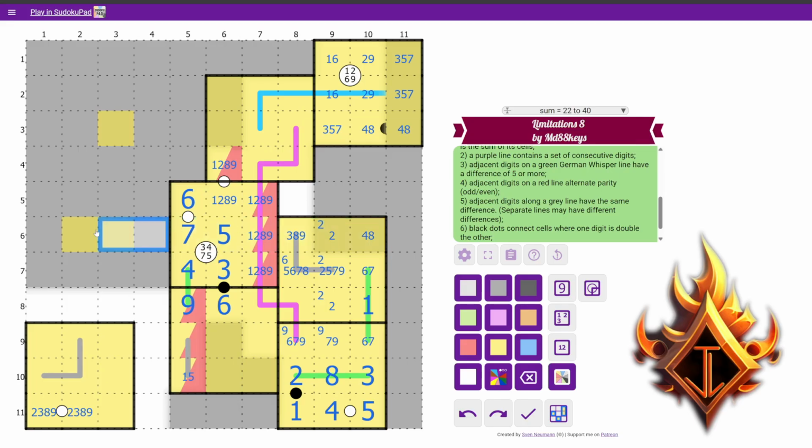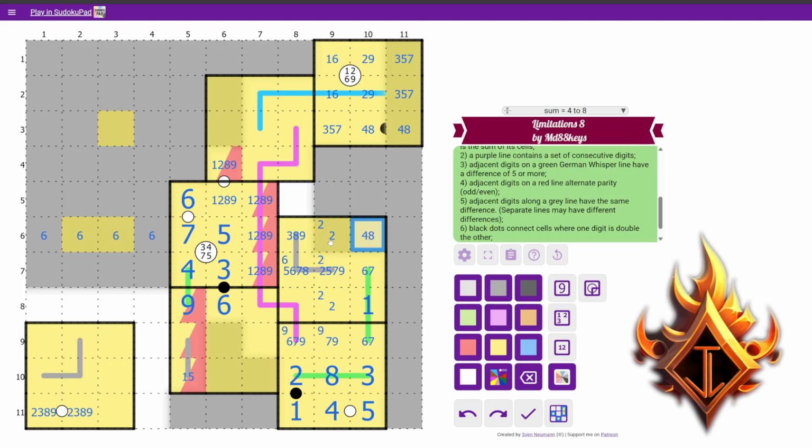I don't know of anything else yet, but the 6 goes somewhere over here. And then a 4 or an... that could go there if it's an 8. And then a 4 could go there.